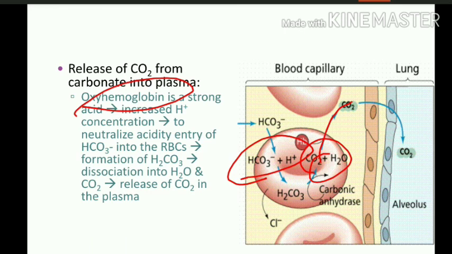So you can see here there is reversal of chloride shift, meaning there is entry of bicarbonate ions inside the RBC, and when one negative ion enters inside the RBC, one negative ion exits out, and that is chloride ions, they exit out.